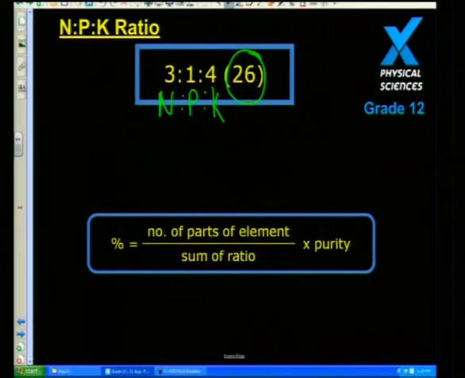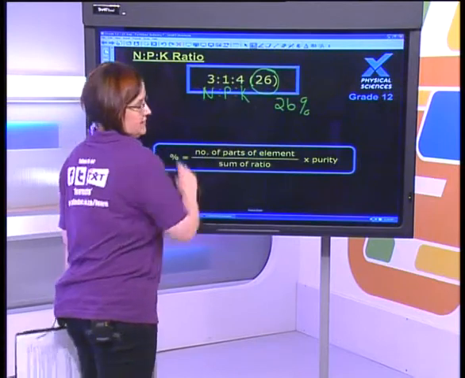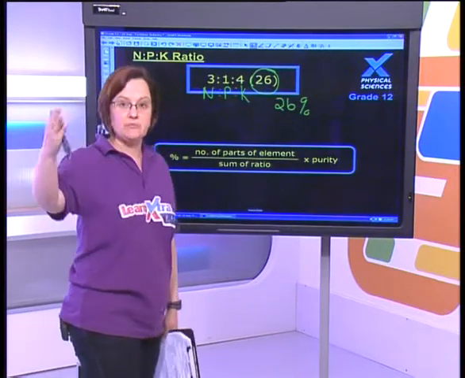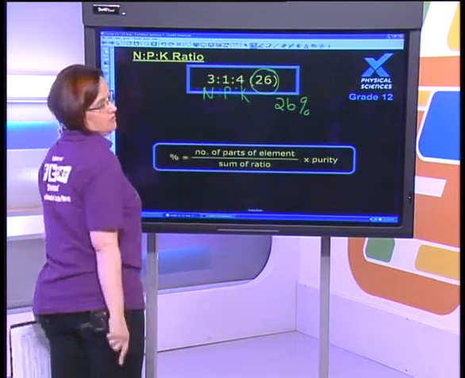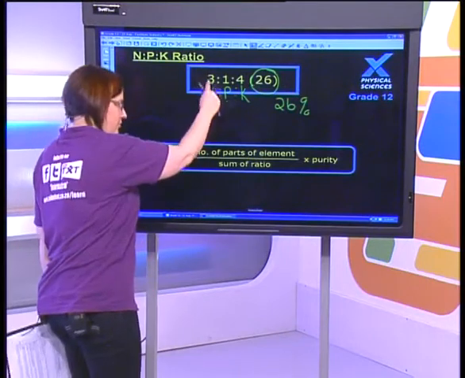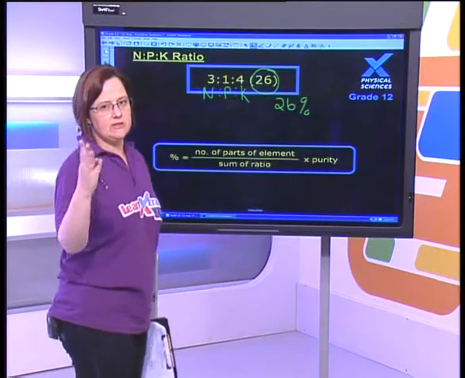So 26% of the bag's makeup is nitrogen, phosphorus, and potassium. If this was a 100 kilogram bag, 26 kilograms is made up of the nitrogen, phosphorus, and the potassium, which then have a ratio of 3:1:4. So of that 26%, 3 parts is nitrogen, 1 part is phosphorus, 4 parts is potassium.